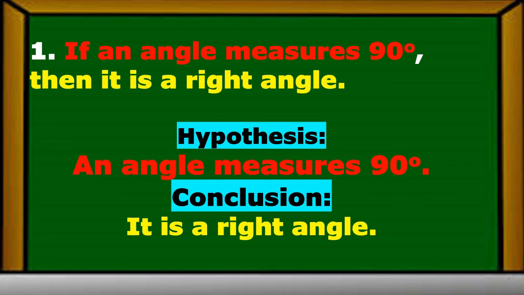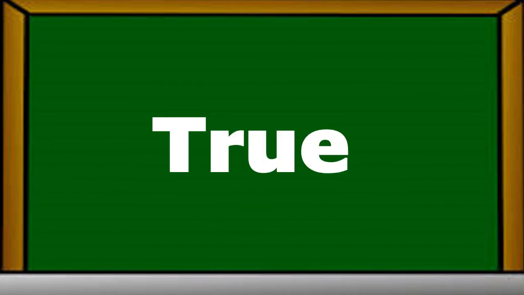The hypothesis is an angle measures 90 degrees, and its conclusion, it is a right angle. When we observe closely, both are true. Therefore, the truth value of this conditional is true.